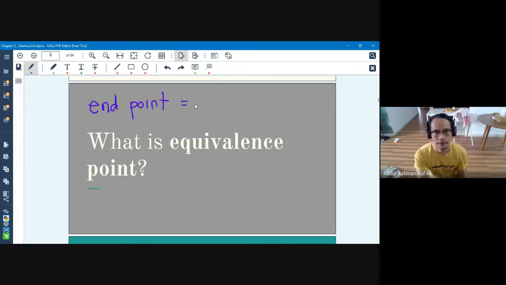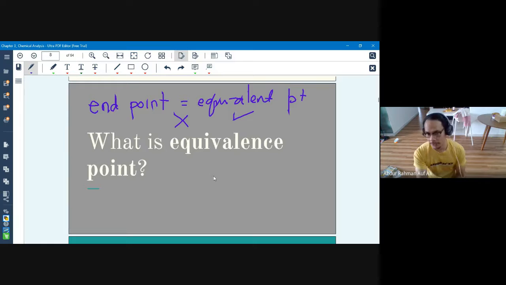Okay, so jawapan yang betul adalah it does not happen at the same time. Okay, so what happens first adalah the equivalence point.